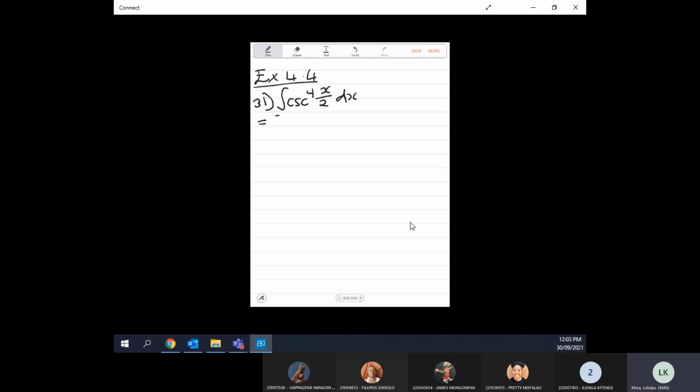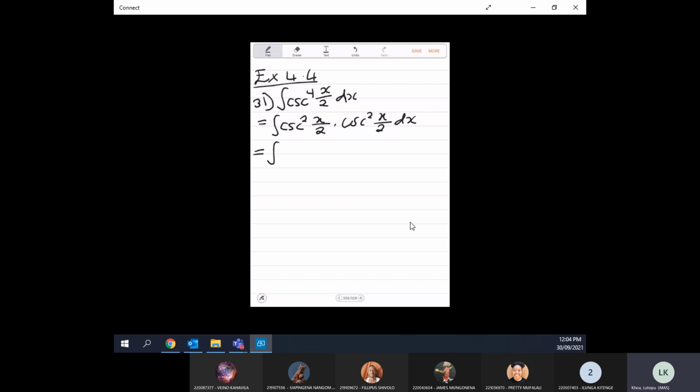So this is the integral of cosec squared x over 2 times cosec squared x over 2 dx. And then one of the cosec squared x over 2, we rewrite in terms of cot squared.